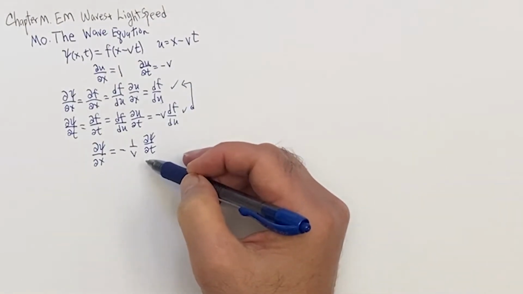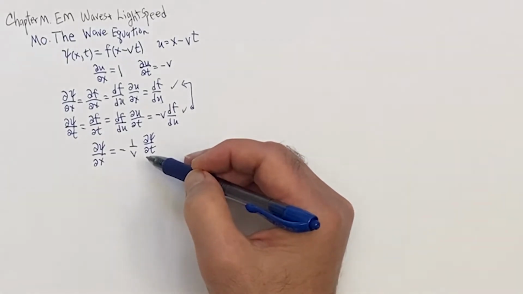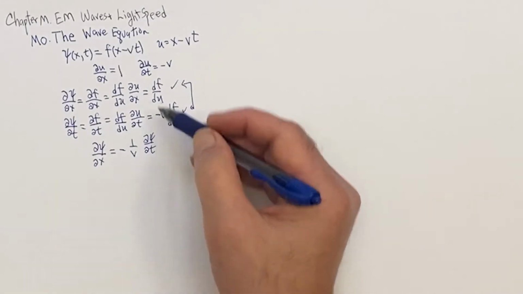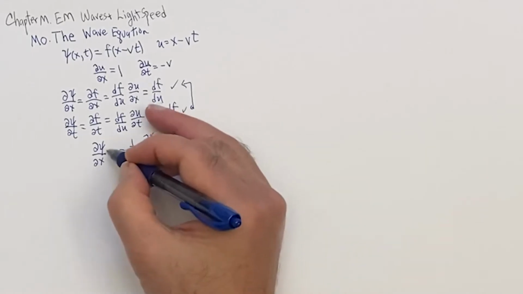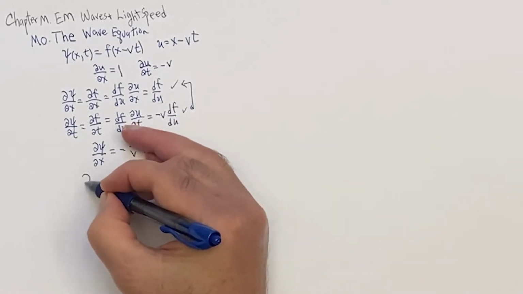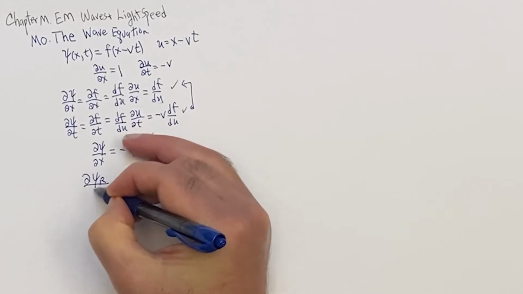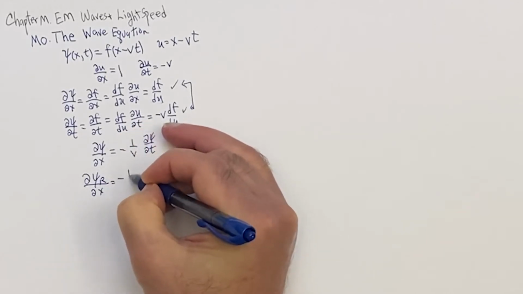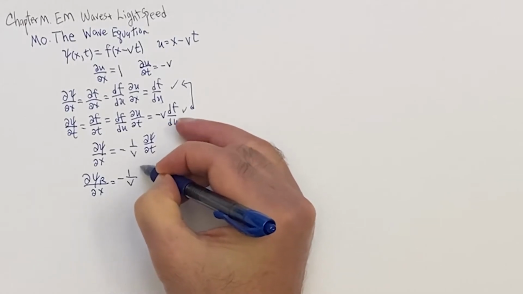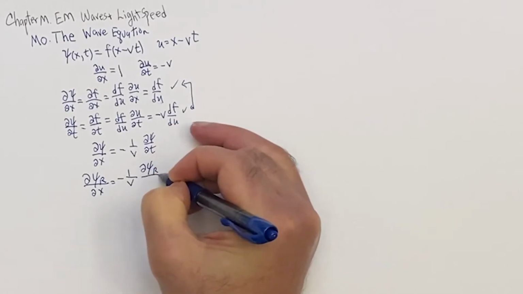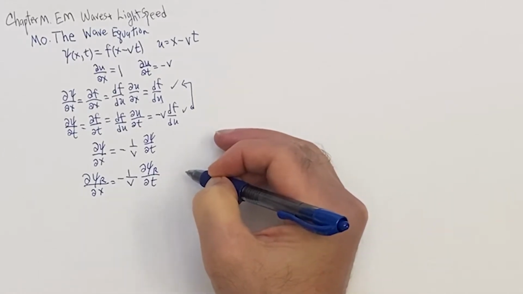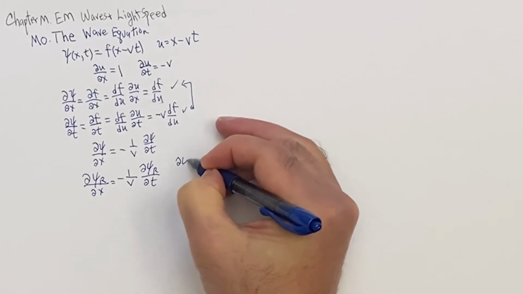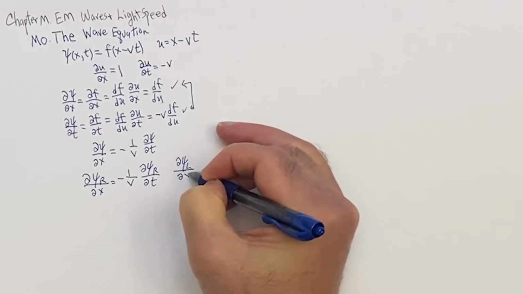Now we have one problem, and that is if we look at a wave going in the opposite direction, say where v changes the sign, then I would have, let's go ahead and write this out. This is a wave traveling to the right: the 1 over v with the minus sign, partial, the wave traveling to the right. But then if I have a wave traveling to the left, that v is going to change.